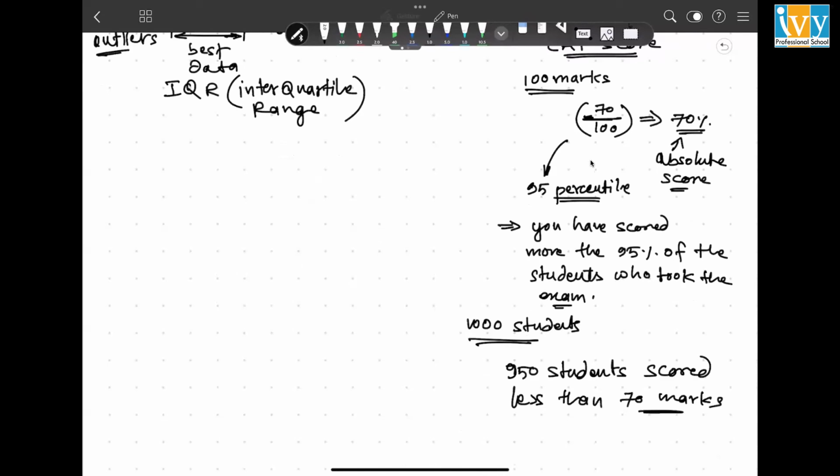So it's a relative score. You take into account how other people are doing, and then you publish a score in terms of percentile, in which percentile you are present. So 95 percentile means since you scored 70, you are better than 95% of the people who took the exam, because they scored less than 70.